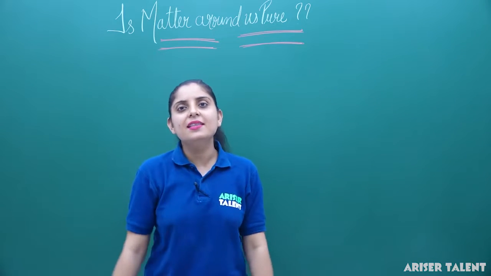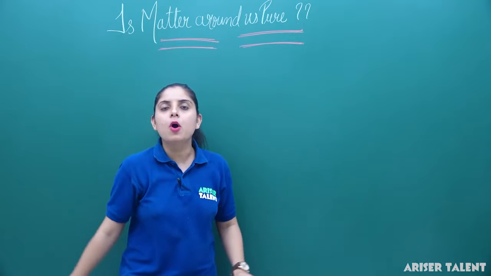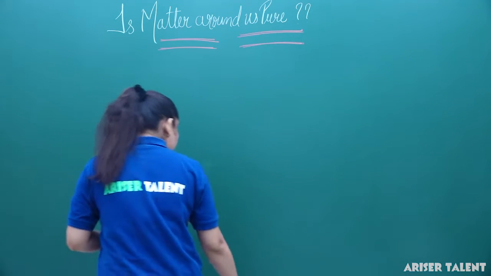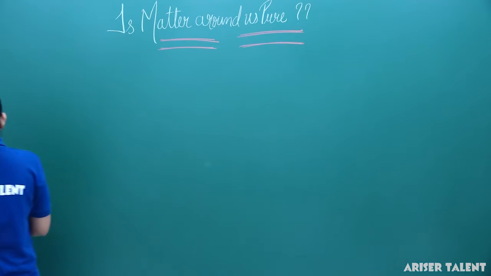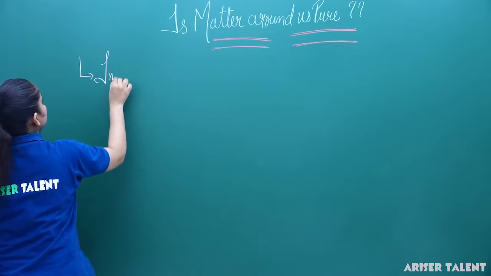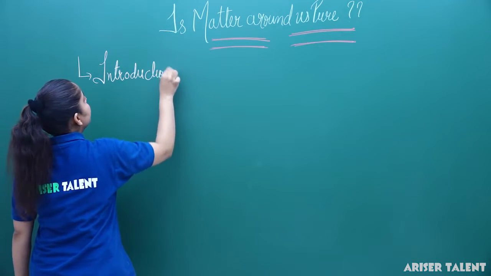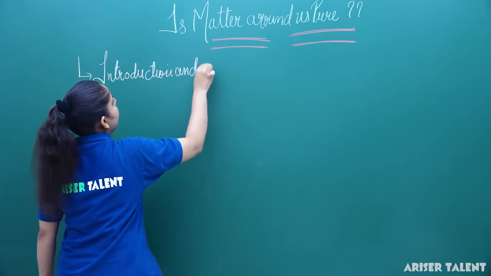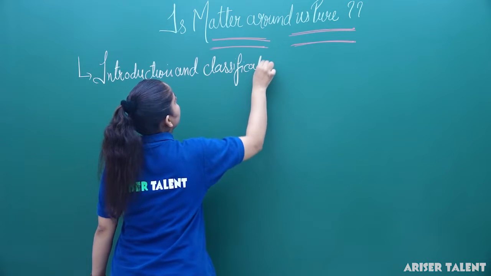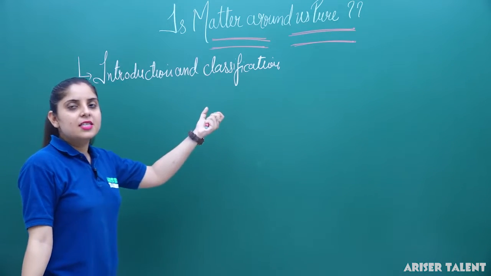Now basically in this chapter, what topics are we going to cover here? So first, note down the topics that we are going to discuss in this chapter. First, we are going to discuss the introduction and classification, that is, whether the matter around us is pure or not.